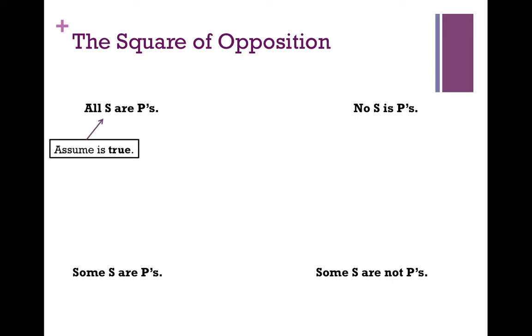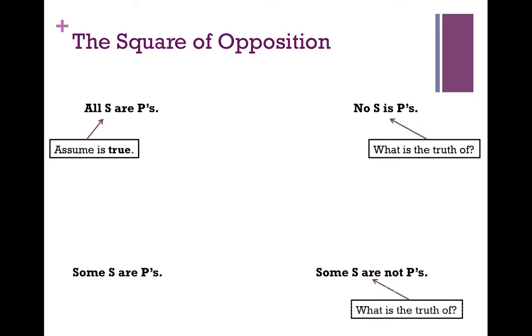Let's just assume that all S are P is true. Then what can we know with absolute certainty about the truth values of these other statements? If all S are P is true, is no S are P true? Is that false? Or is another possibility that maybe we just can't know? That is actually going to be one option as well.